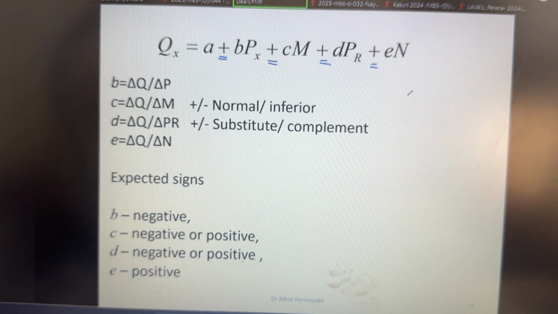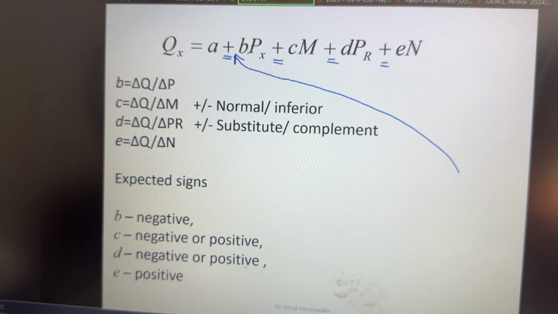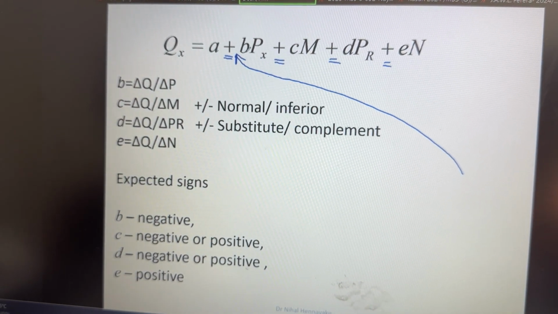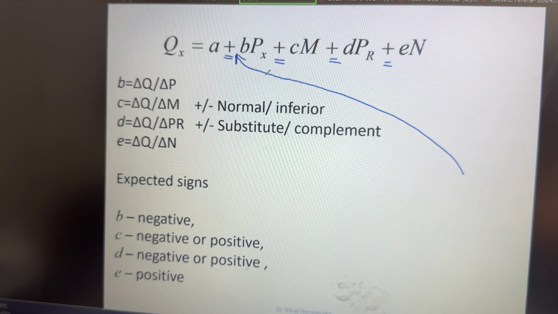But we can expect something. Even though we put a plus sign, after the estimation, what is the sign that you are expecting for B, the slope parameter with Px? What is your expected sign for this?